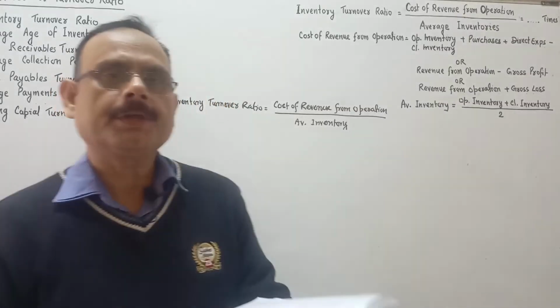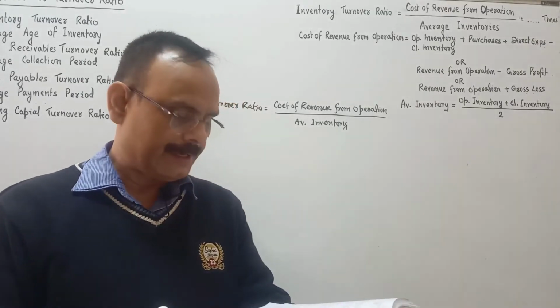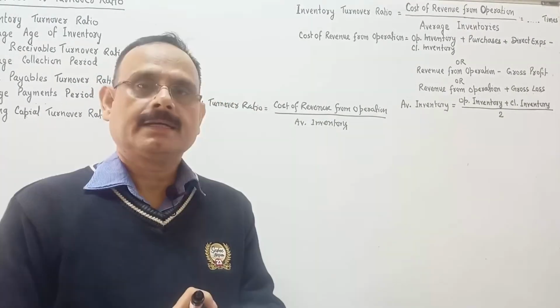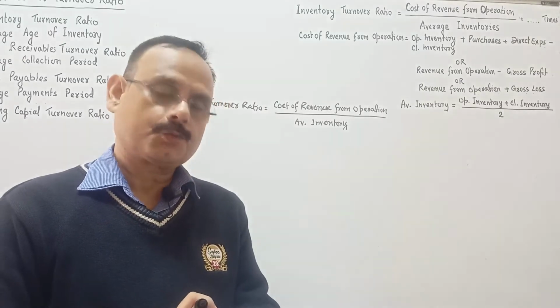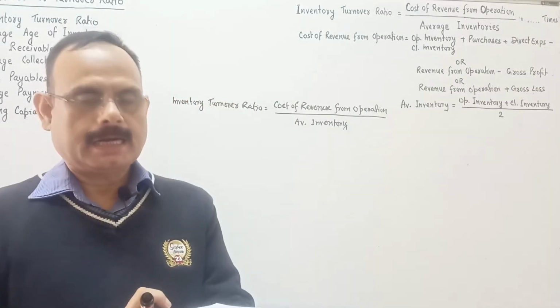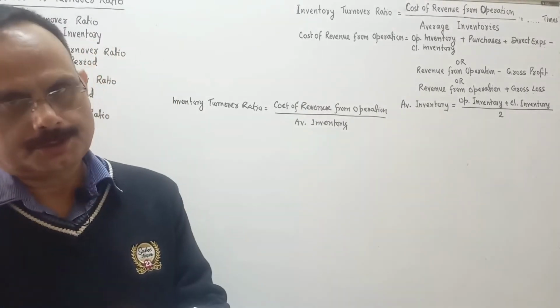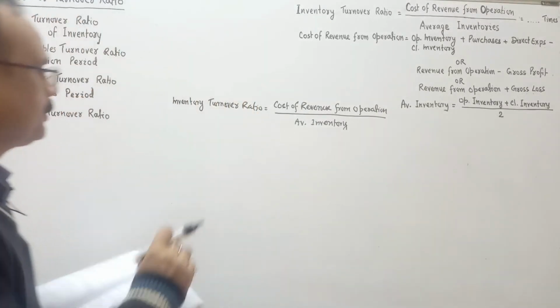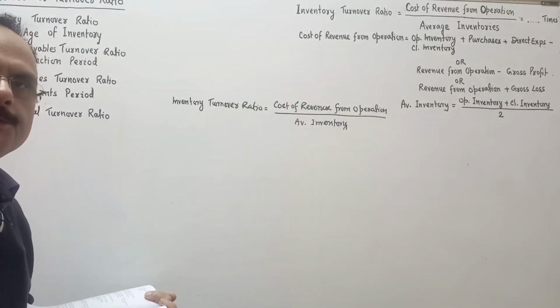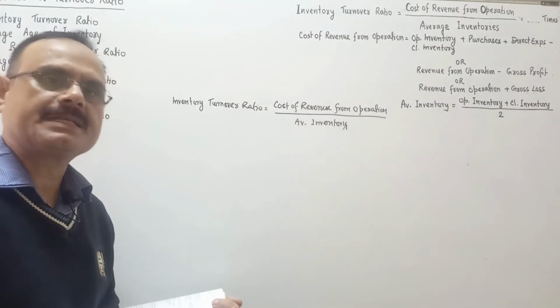From the following information, calculate inventory turnover ratio. Information given: purchase, carriage inward, carriage outward, revenue from operations, opening inventory, and gross loss. So first of all, you write the formula of inventory turnover ratio, cost of revenue from operation upon average inventory.